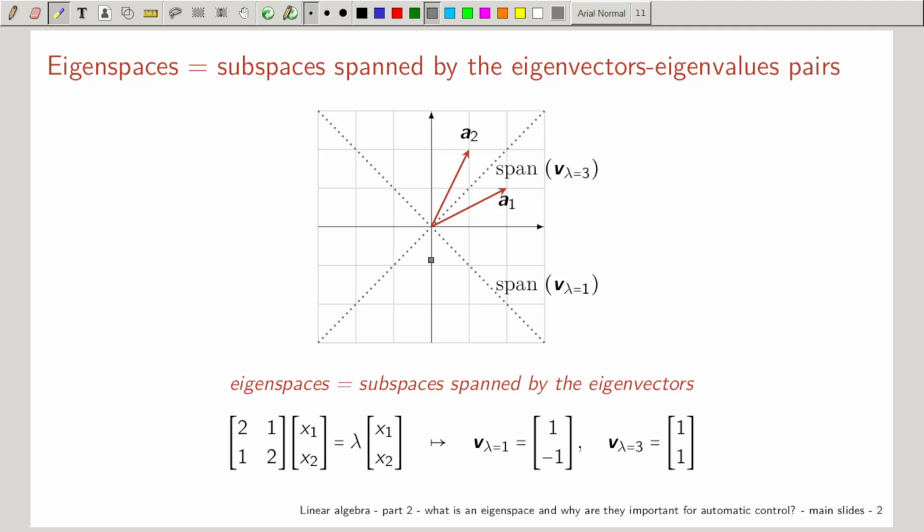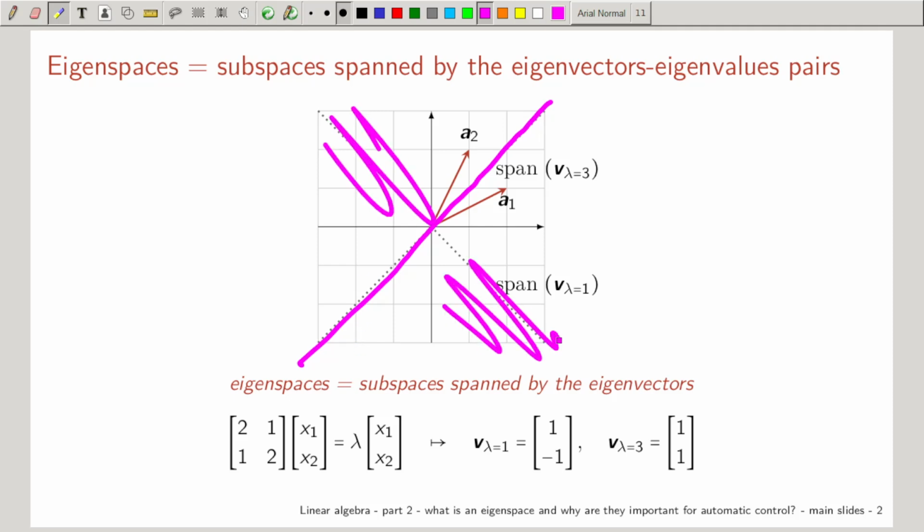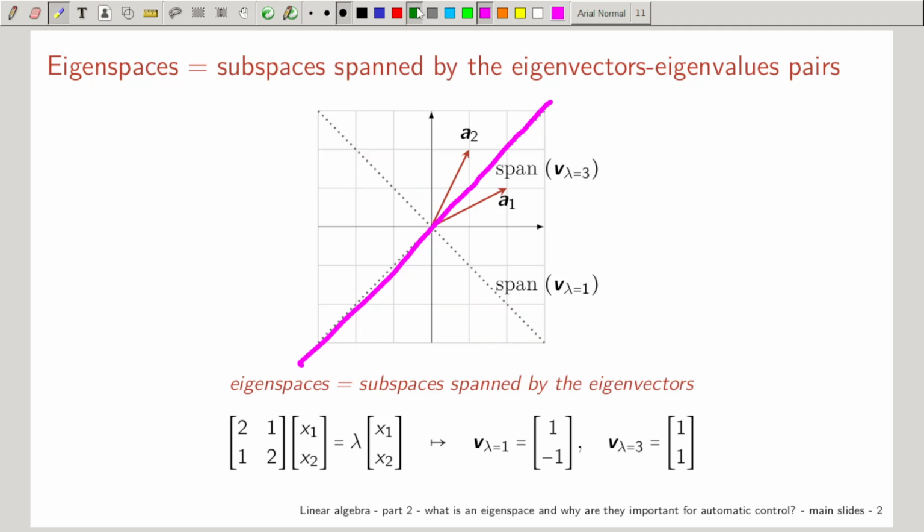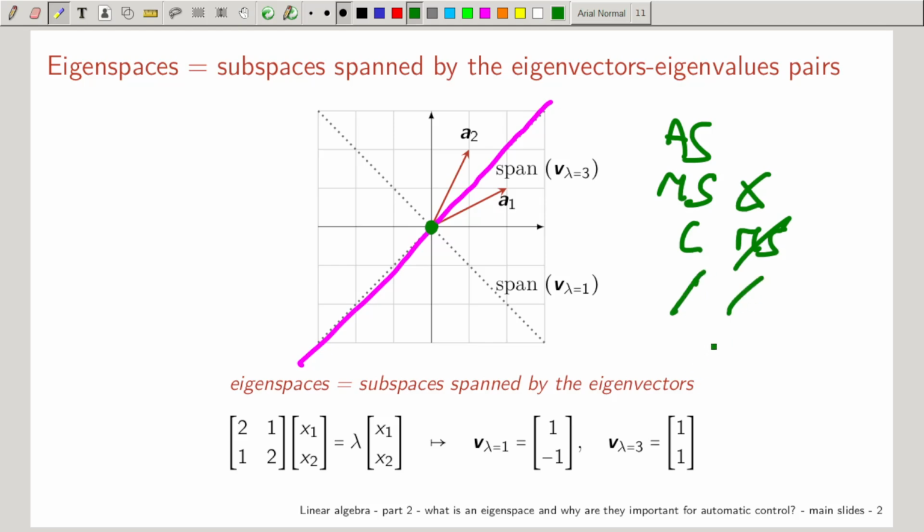Perfect. If I consider this initial condition here, or better, let's restrict ourselves to this subspace here. Ignore the second dimension. The origin, how is it? Asymptotically stable, marginally stable, not convergent? Not convergent, not marginally stable, neither. You do not know. 1, 2, 3, 4, 5.